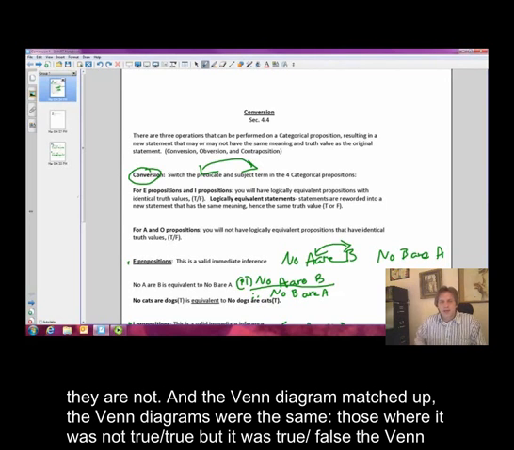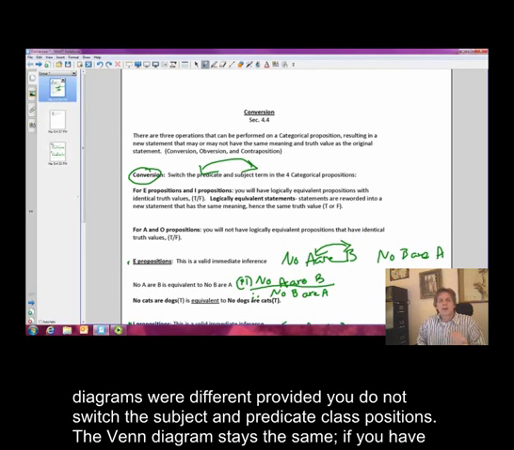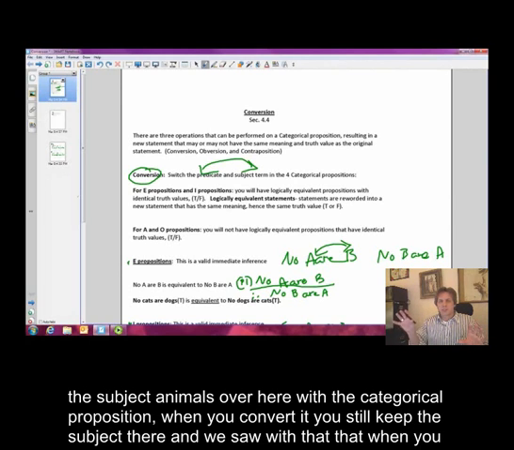And the Venn diagram matched up. Okay, the Venn diagrams were the same. Those where it was not true, true, but it was true, false, the Venn diagrams were different, provided you do not switch the subject and predicate class positions. The Venn diagram stays the same. If you have the subject animals over here with the categorical proposition, when you convert it, you still keep the subject there.